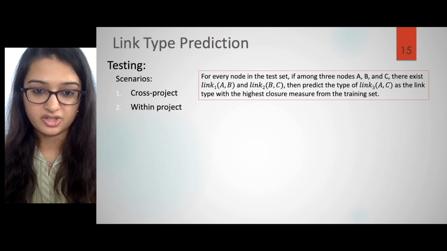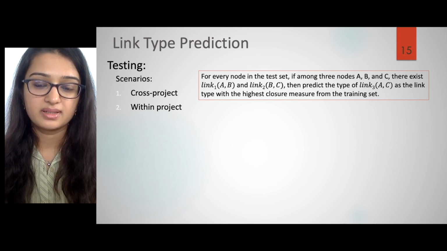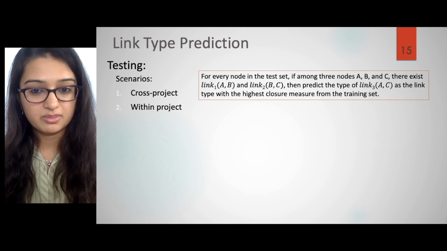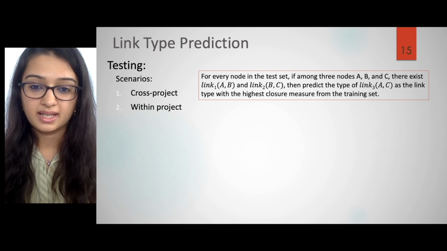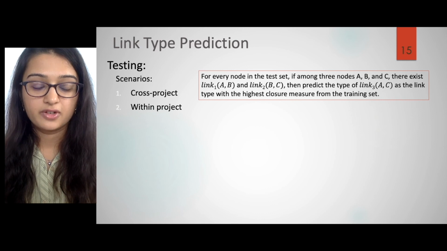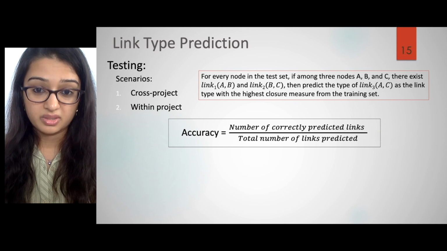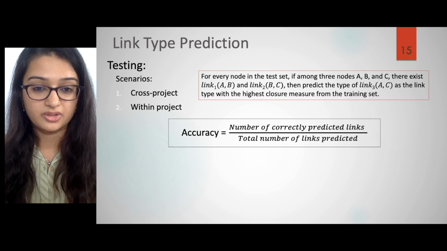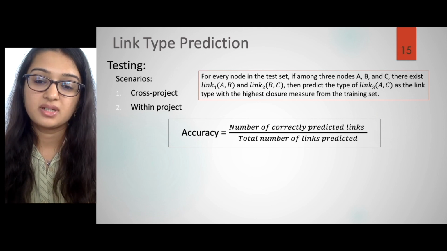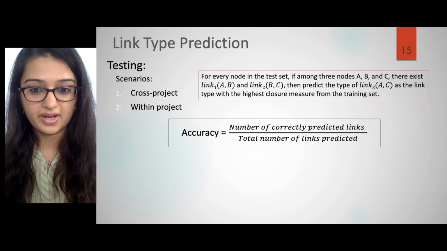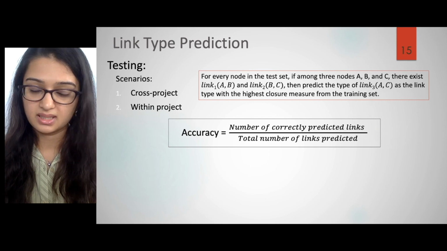To perform the prediction, we say that for every node in the test set, if there exist 3 nodes A, B, and C, and 2 links between them, then we predict the type of the third link as the link type with the highest closure measure from the training heuristics. To determine whether the triadic closure can actually inform link type prediction, we measure its accuracy as the total number of correctly predicted links divided by the total number of links predicted in the testing set.